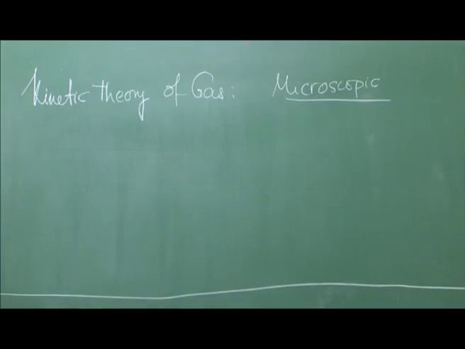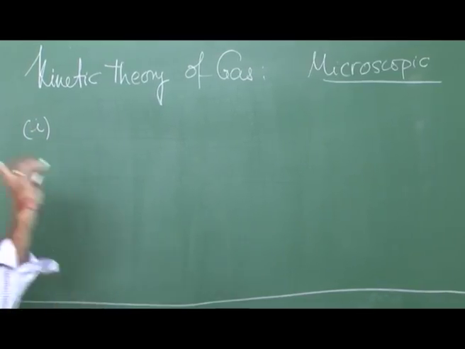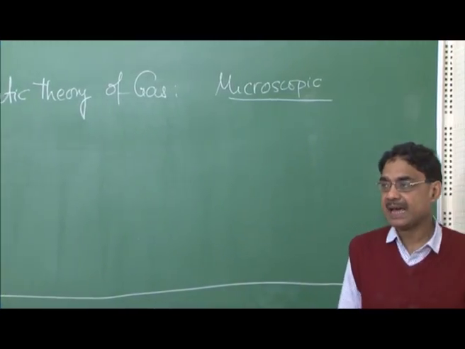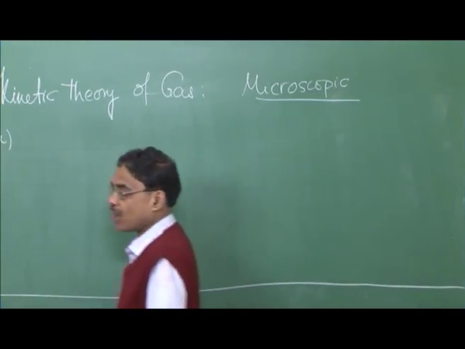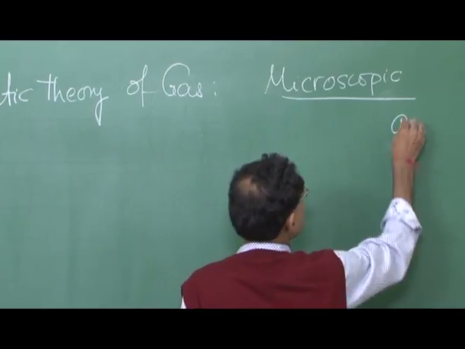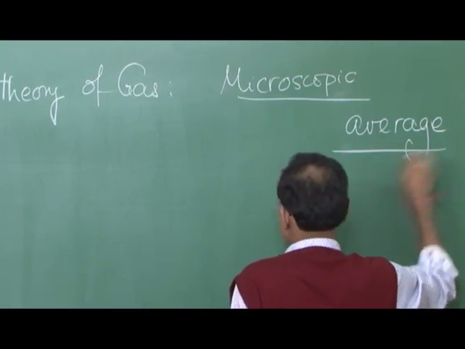I will explain what it means that I talk in an average sense. I wrote a few minutes back what is called a distribution, and there is some distribution of velocities. So, I do not actually talk about an individual molecule, rather I talk about a distribution. So, average is important, again I repeat the term, average.